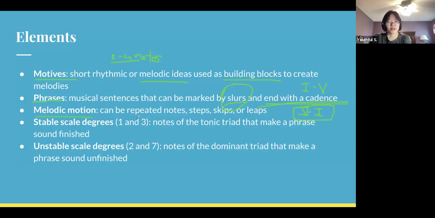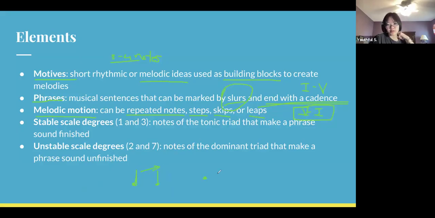Okay, and then melodic motion is basically that you can use repeated notes, steps, skips, or leaps to move throughout your melody. Because you're not just going to have the same note the whole time, you also have movement. That can come in the form of steps.